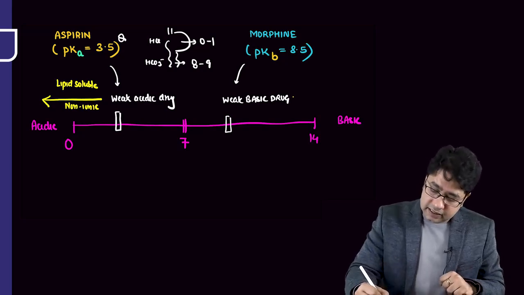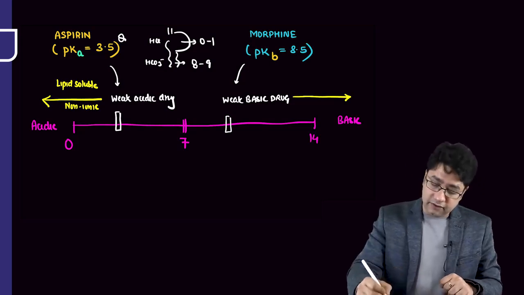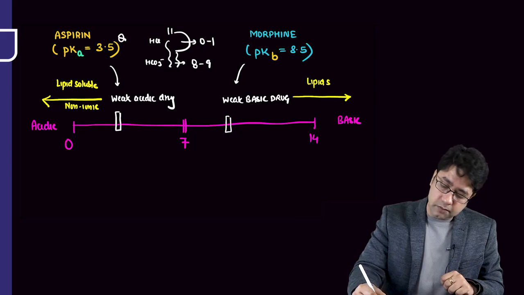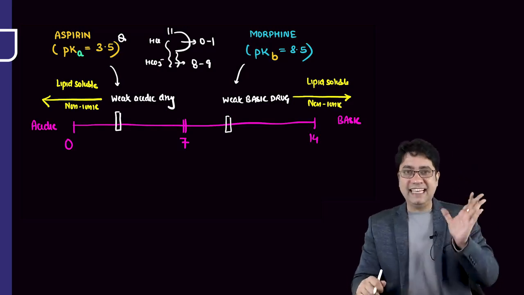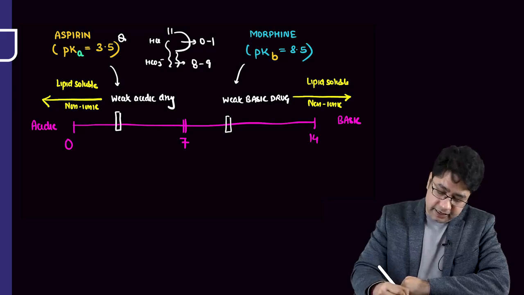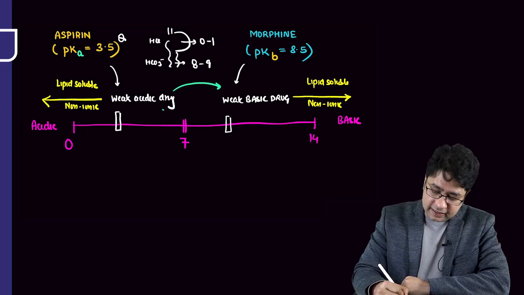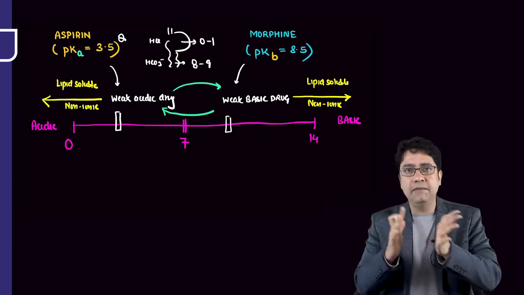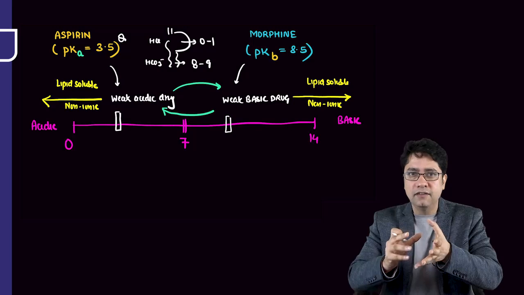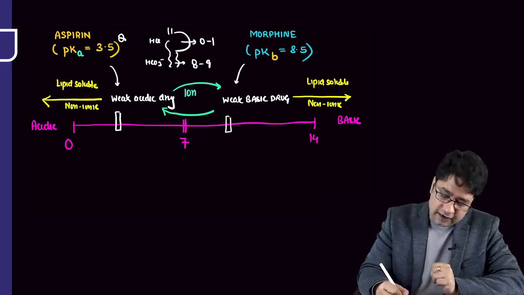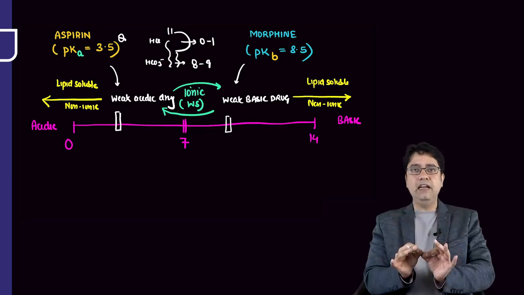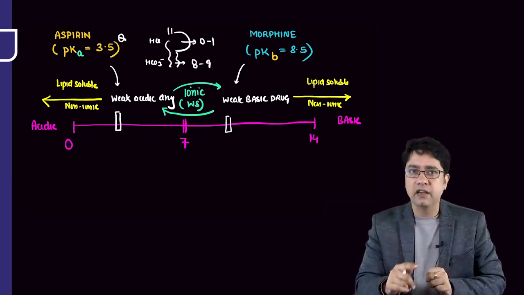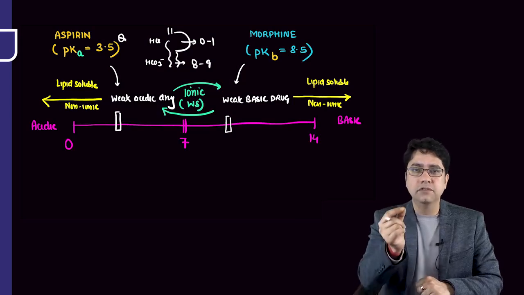Similarly, if we put a basic drug in a basic media, the drug will become more lipid soluble or non-ionic. And if you put an acidic drug in a basic media and a basic drug in an acidic media, that means in opposite media, acid and base form an ionic bond. So the drug becomes more ionic, which you call water soluble. So in the same media, the drug becomes lipid soluble. In opposite media, the drug becomes water soluble.